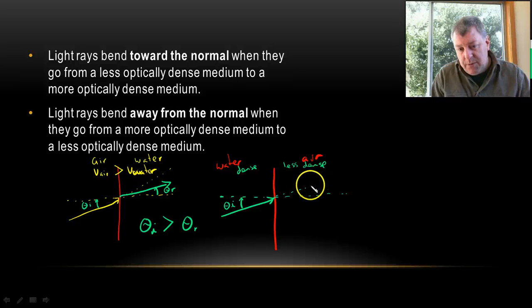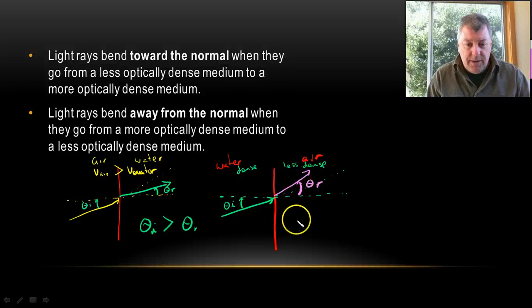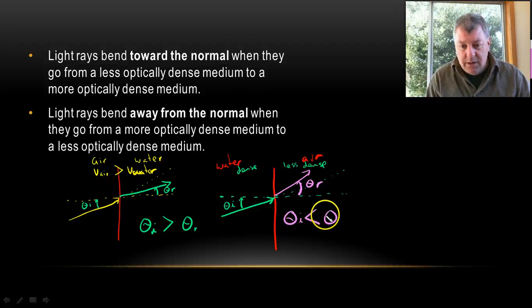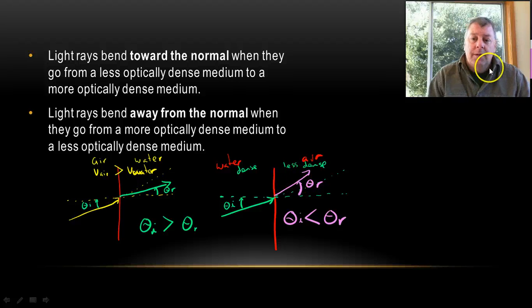So if that's the path that it would have gone, it is now going to go away from the normal like that, and this will be our angle of refraction. And conversely, here the angle of incidence is now smaller than our angle of refraction, and that's what's meant by bending away from the normal.